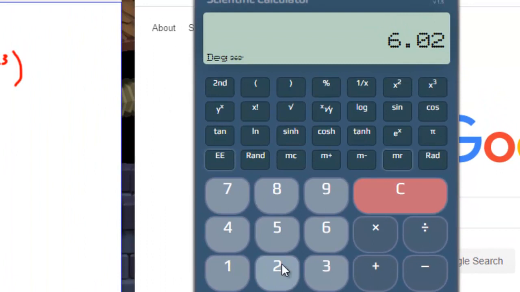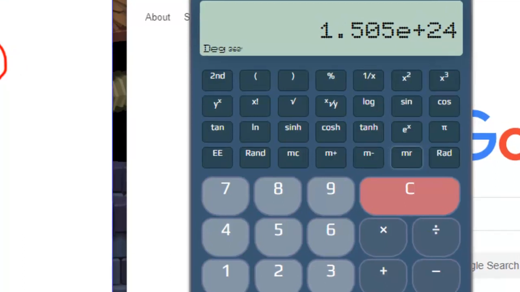Some calculators will show a little times 10; other ones, you just hit EE and then type in your number. The number on top of the 10 is 23. Then we say equals, and we get 1.505 times 10 to the 24th.